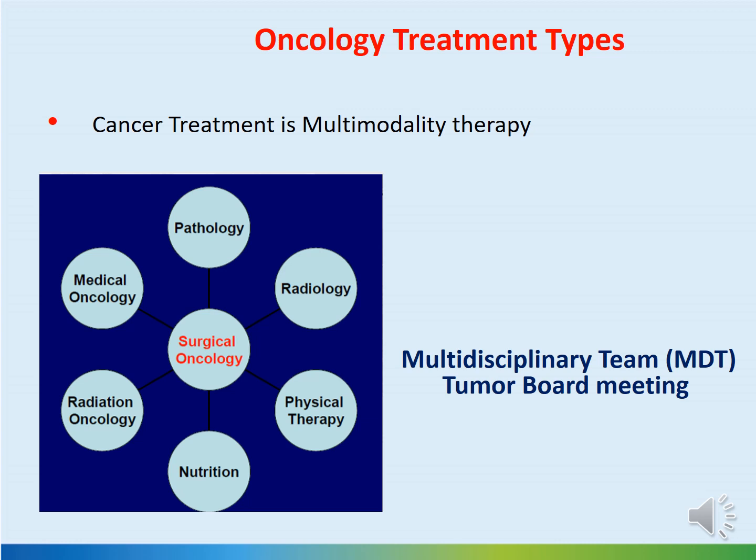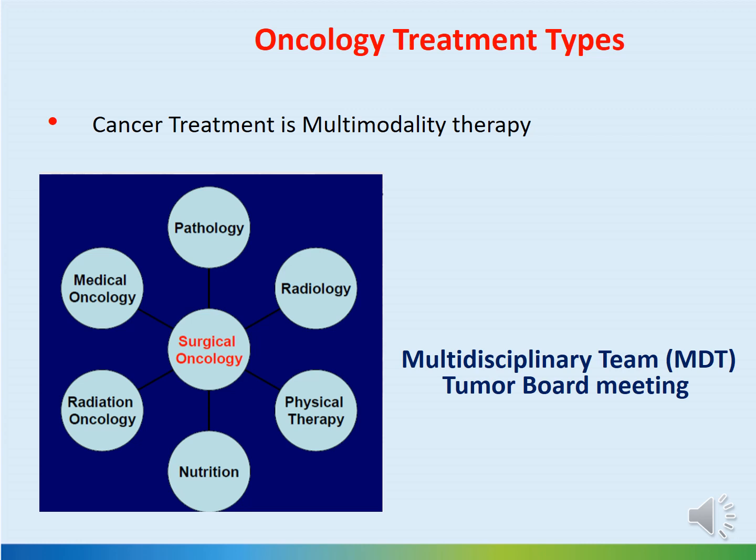Before starting any type of treatment, the decision of the treatment, the consensus of treatment, should be discussed in what we call a multidisciplinary team, MDT, or tumor board meeting. Nowadays, in all worldwide oncology centers, we have this multidisciplinary team.